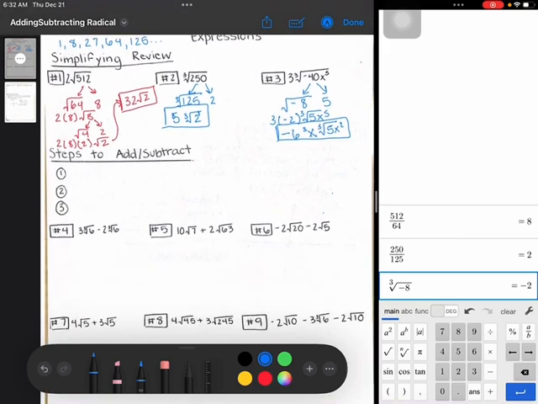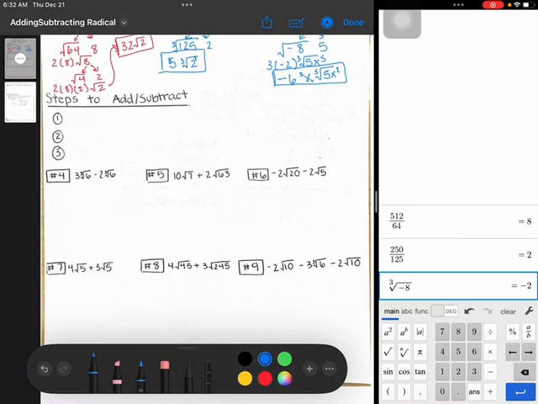So now to get to our steps for adding and subtracting radicals. First thing we need to do is to simplify all radicals. After we simplify them all and get them down to their smallest radicand, we want to identify radicals with the same index and the same radicand.